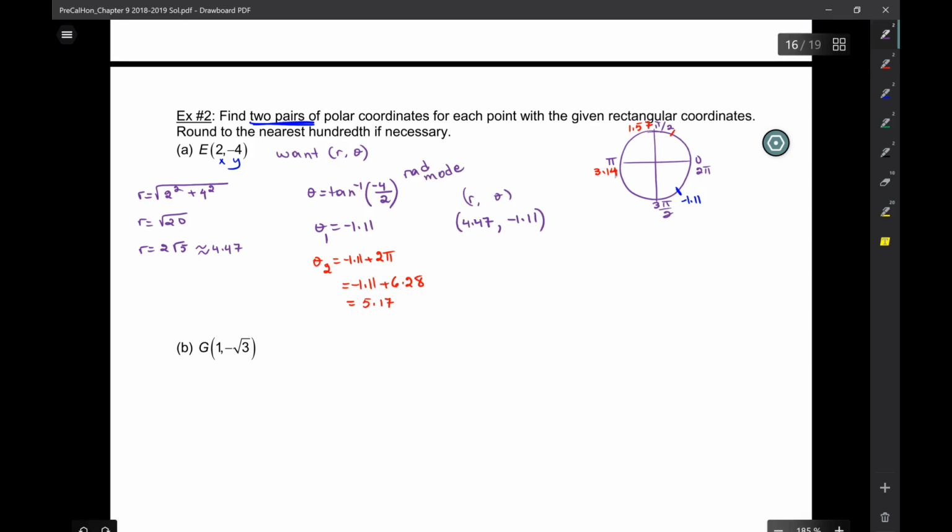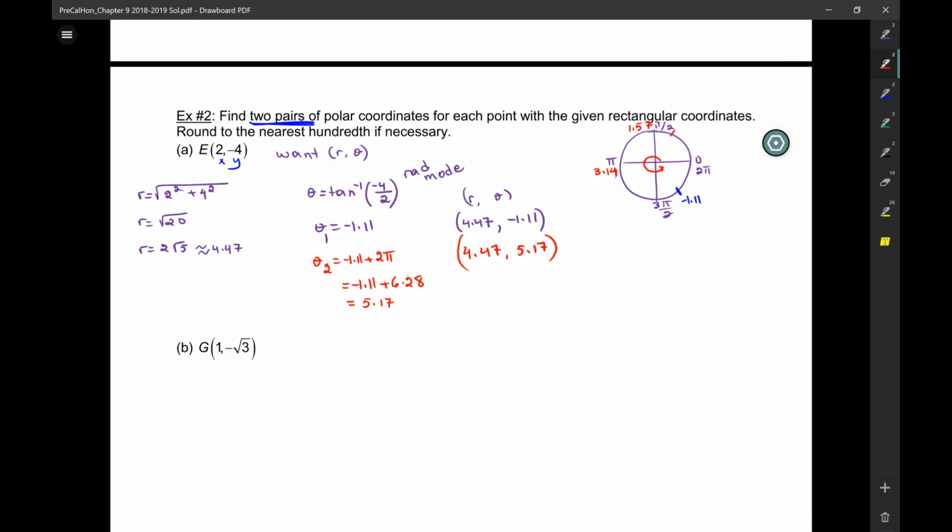Is the only option to make r negative and then add 180? Correct. So now I have 4.47 and 5.17, and let's see if that makes sense. That angle makes sense. If I'm going this way, it's 3.14, and then 5.17 will be somewhere over here because it's 6.28 all the way there.